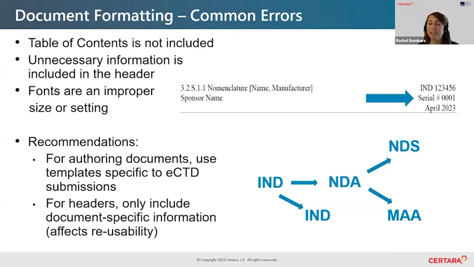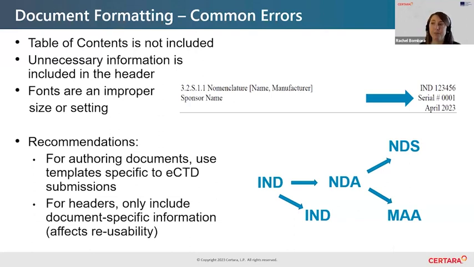So on my screen now, I have an example of a Module 3 header where the information that pertains to that particular Module 3 document is really the name, manufacturer, eCTD section, and that's the information that's mainly required for the header.